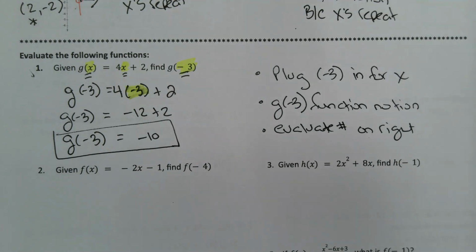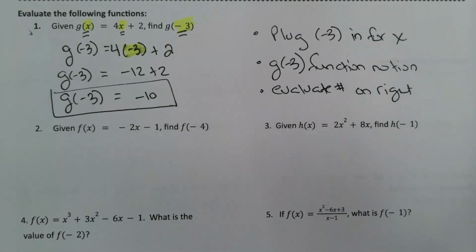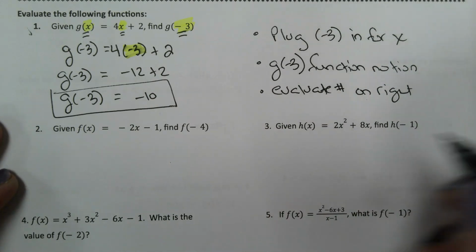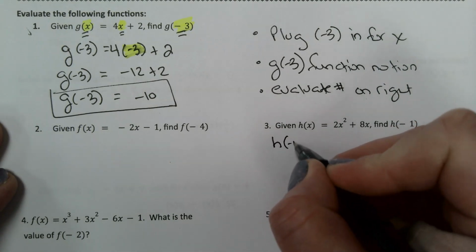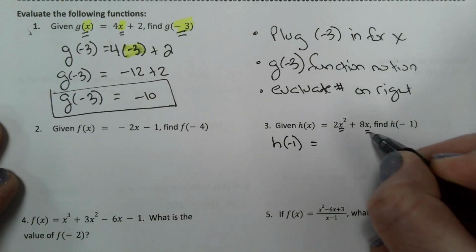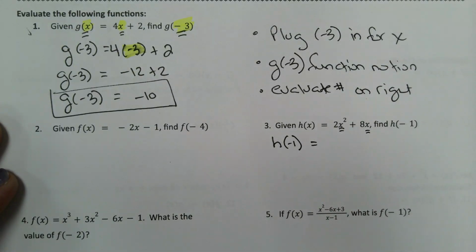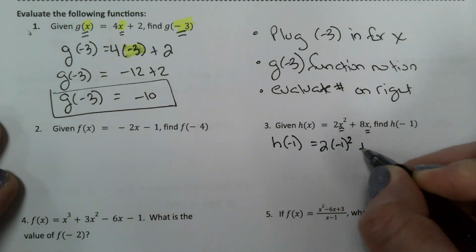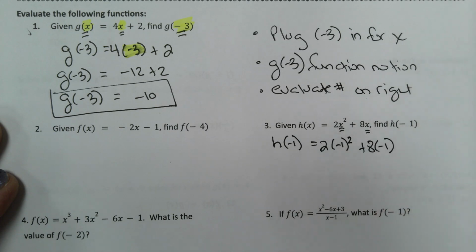I'm going to do one more, and you can check some of the others on the notes. Let's jump around and do number 3 here. We want to find h of -1. All right, so I have to plug -1 in 2 spots now. So I have 2 times -1 squared plus 8 times -1.